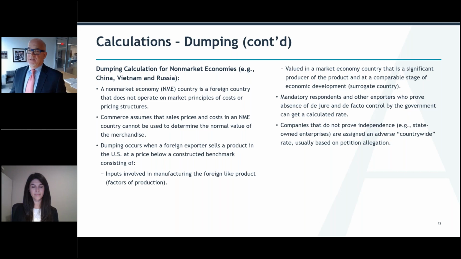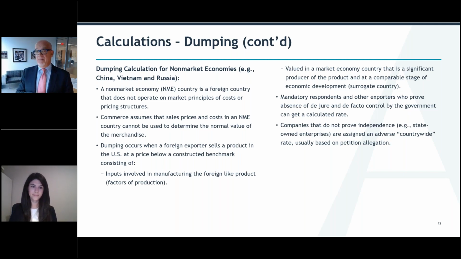It's instead a sort of Frankenstein-looking type of calculation that uses their factors of production, and then you go to another country and get surrogate values. And so companies can't know whether they're dumping or not. And as a result, in China cases, it's not uncommon for dumping margins to vary quite a lot from one review to the next.